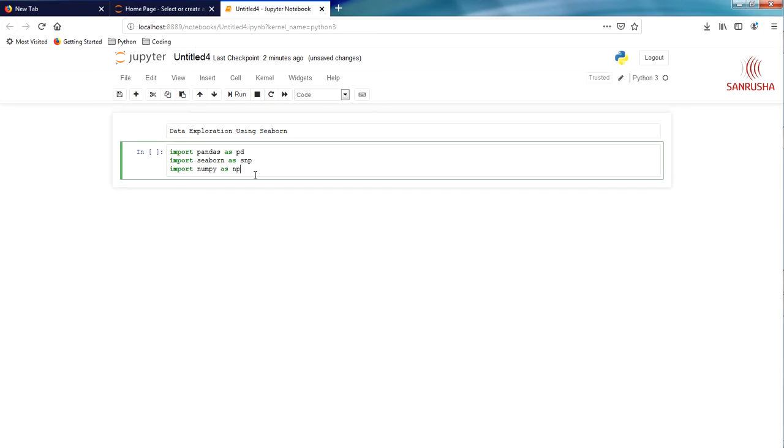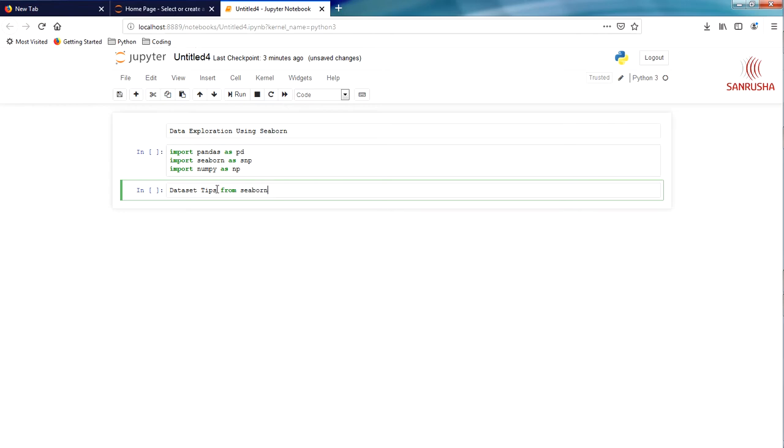These are the bread and butter of any data scientist. Next, we are going to import the dataset. Mostly every library like Seaborn, as a Python library, provides its own dataset for testing purposes. We are going to import a dataset called tips from Seaborn.